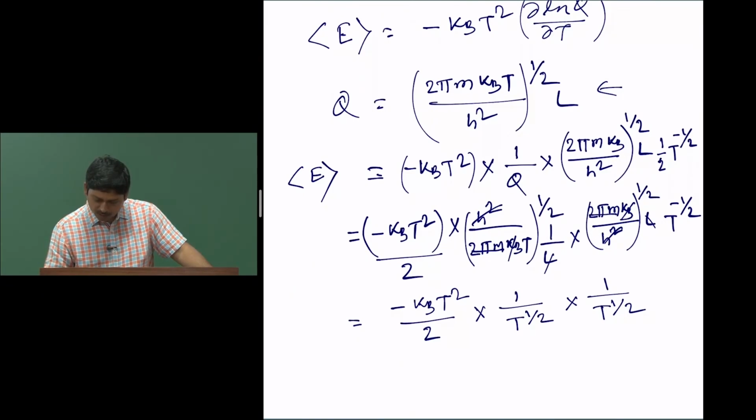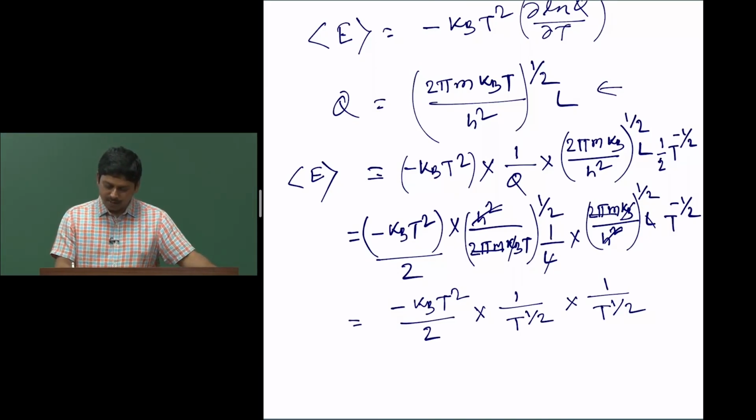So, minus k_B T square is fine, 1 by q del q by del T. Now, when I do del q by del T, I have this constant quantity 2 pi m k_B by h square to the power half, L is there, T to the power half is there.